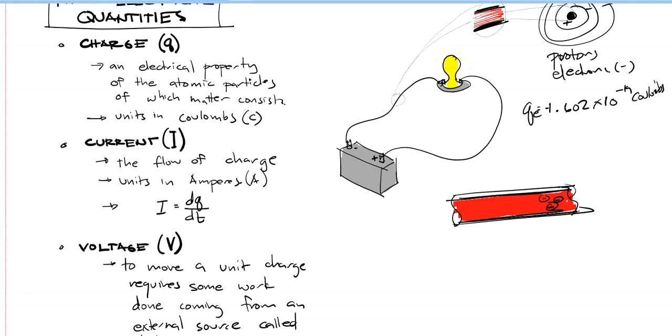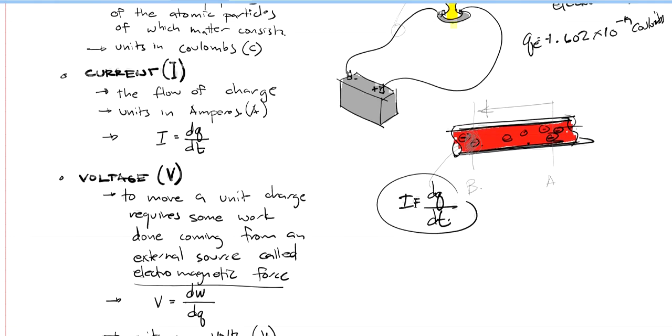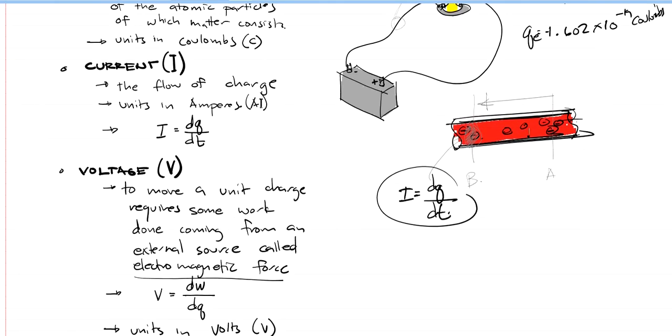There are a lot of negative charges, and when these move, let's say from point A to point B, at this cross section, the rate of change of charge per unit time, that's what we call current, or basically it's simply the flow of charges, right? The unit of that is amperes, or shortcut is letter A.